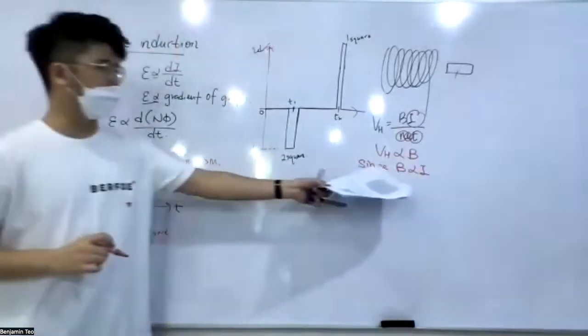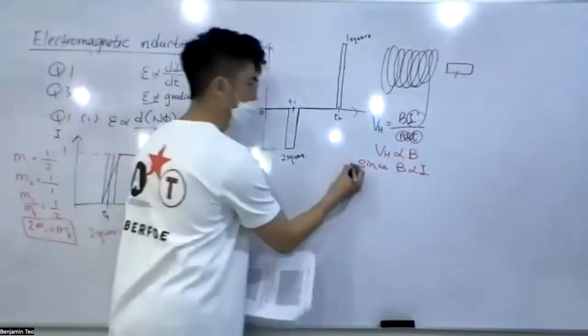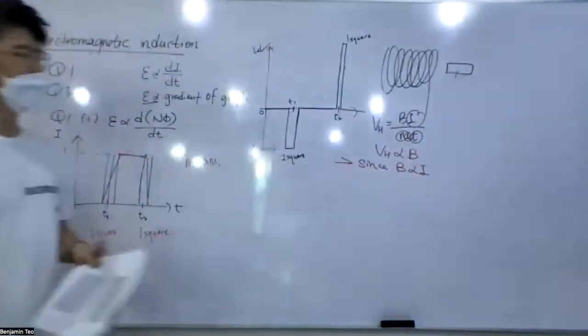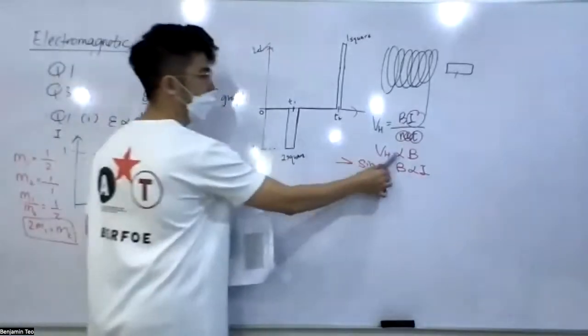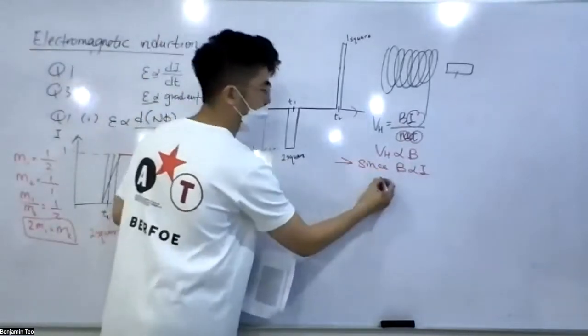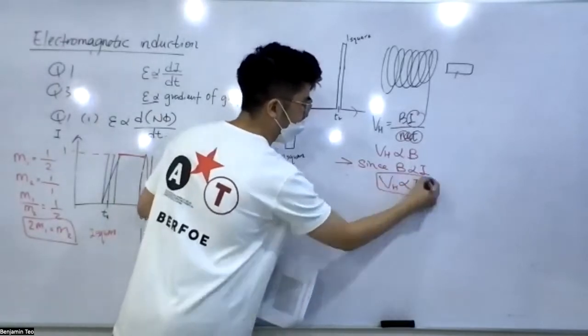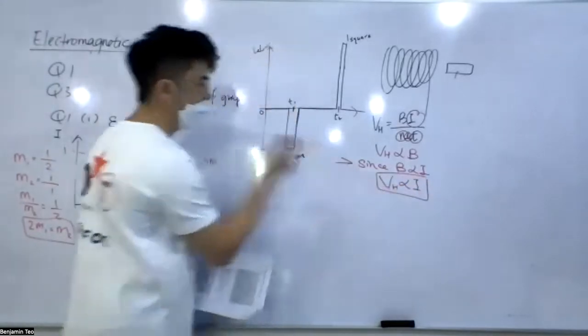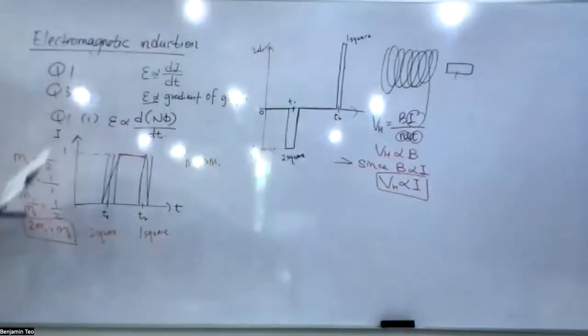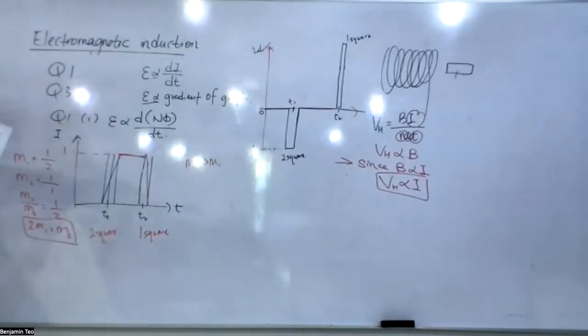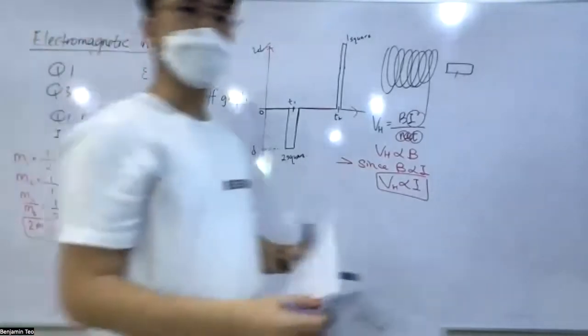So B is proportional to I. V proportional to B, B proportional to I, so VH is proportional to I. Okay, this tells us our VH graph is proportional to our IT graph. That means they have the exact same shape.